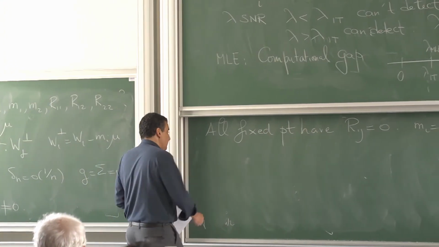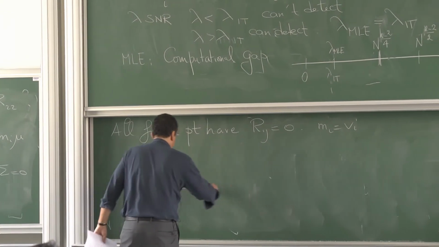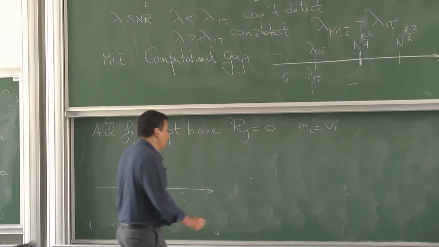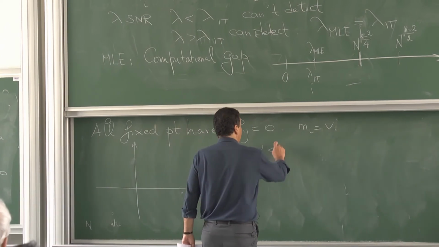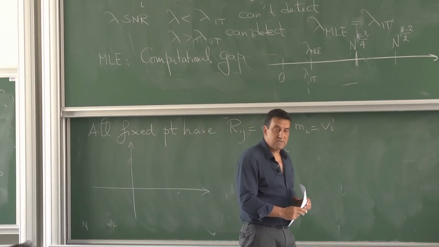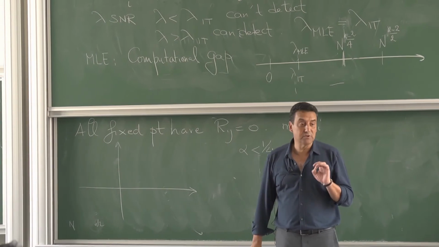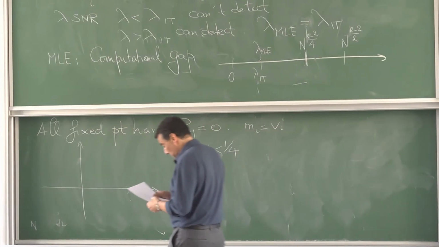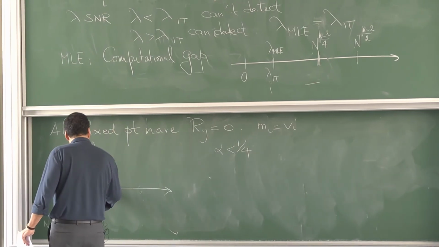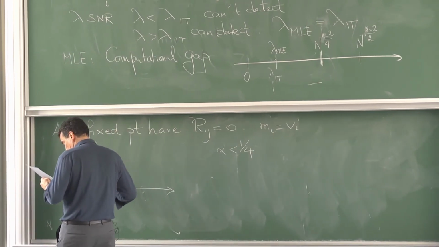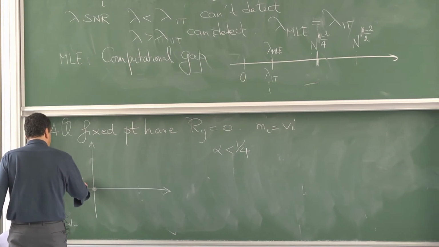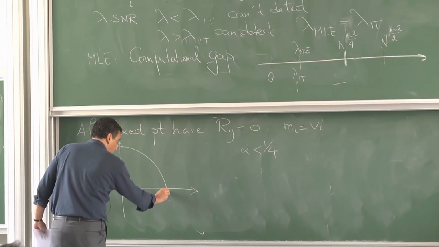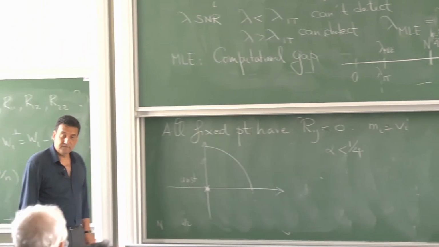So in dimension 2, here's the phase diagram. I didn't write what this was. Alpha here is the strength of my L2 regularization, right? So when alpha is smaller than 1/4 with the normalization we have, here's what you find. Here you have an unstable fixed point. Here you have a quarter circle of fixed points.